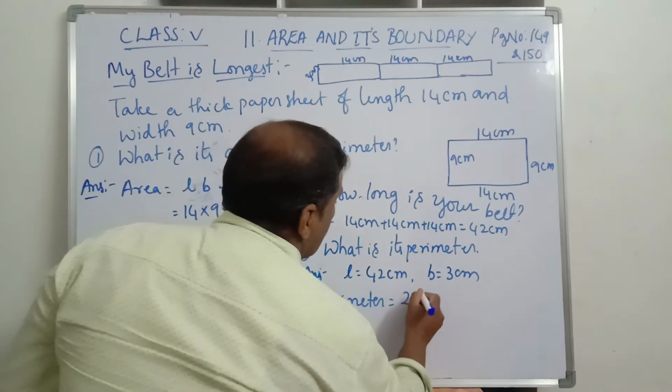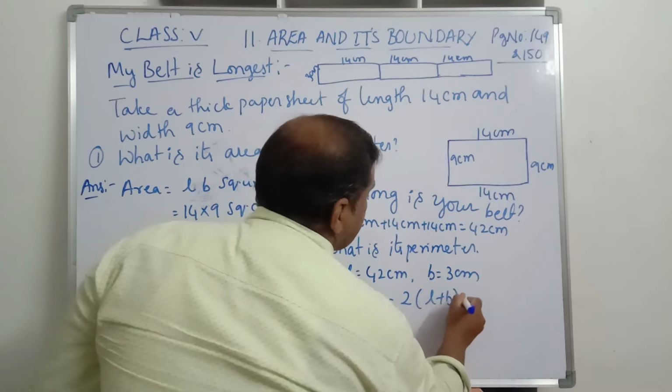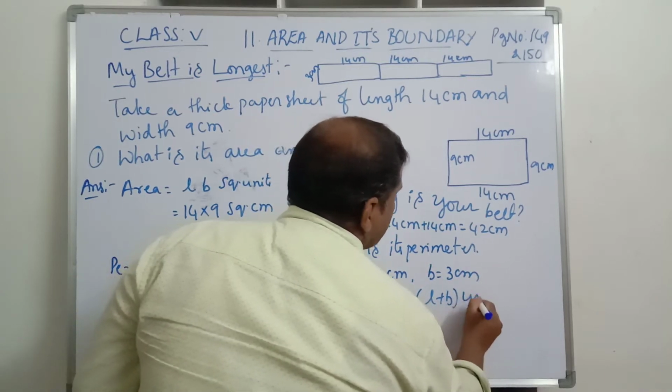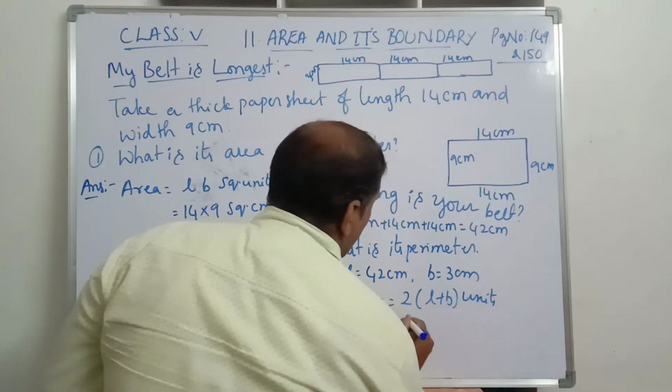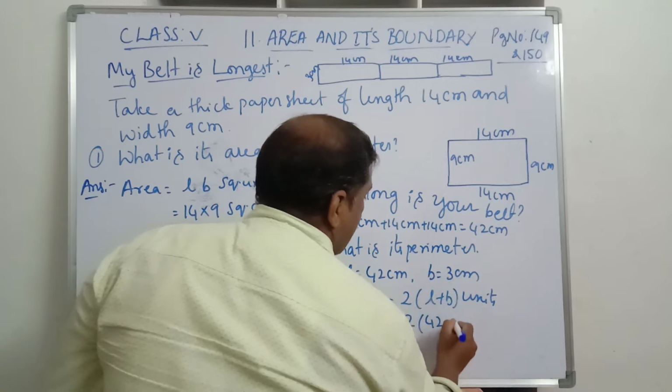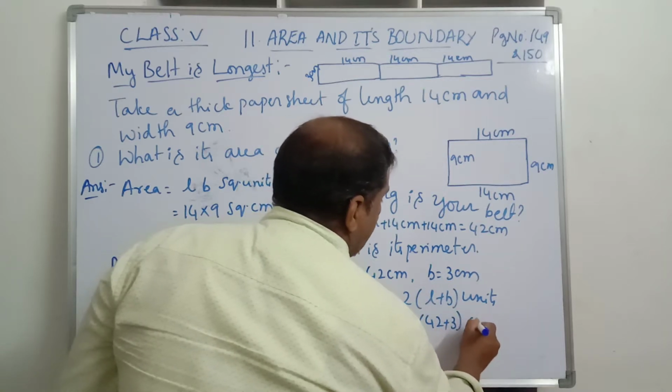Perimeter is equal to 2 into (L plus B) units, or 2L plus 2B. That is 2 into (L is 42 plus B is 3 centimeters).